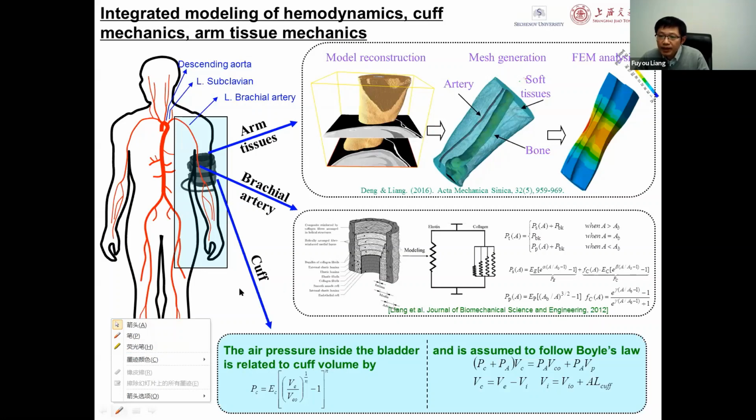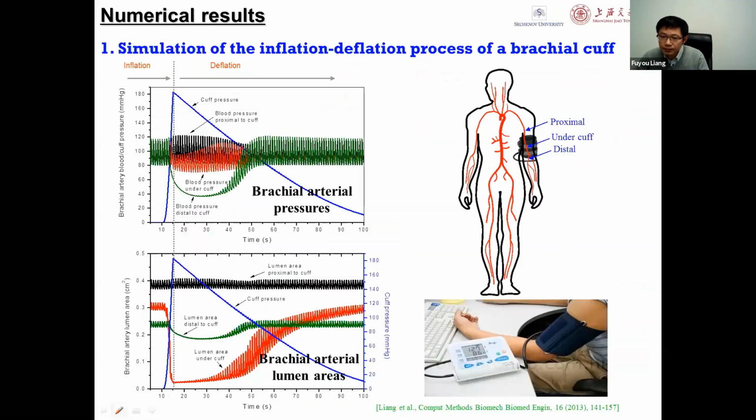Using this method, we first simulate the inflation process of a brachial cuff, which represents, for example, the measurement of blood pressure. If you have experience measuring blood pressure, you will see that the cuff pressure increases rapidly first, and then decreases slowly, right?